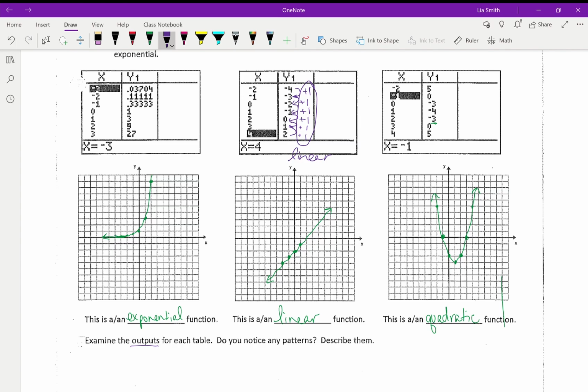Quadratic functions have what you call a second difference. The first time you look at it, you might not see a whole lot, right? This one's -5, this one's -3, this one's -1. My apologies, this isn't -1.